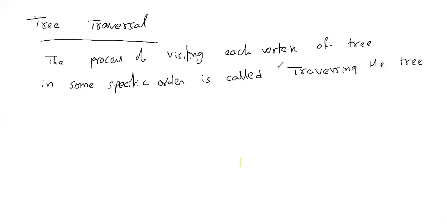The process of visiting each vertex of a tree in some specific order is called traversing the tree. So what is that specific order?